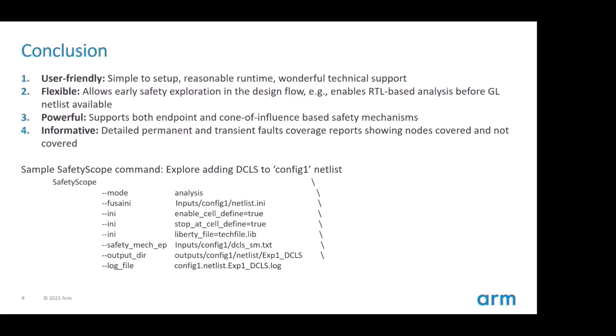Yes, I found that it improved our productivity a lot, and it enabled us, as I said, to do exploration early on before the design is finalized, and provided us an overall view, a better data point of how different safety mechanisms compare against each other and at what cost. So we find that to be very useful and it helped us a lot in terms of improving productivity of the design team.